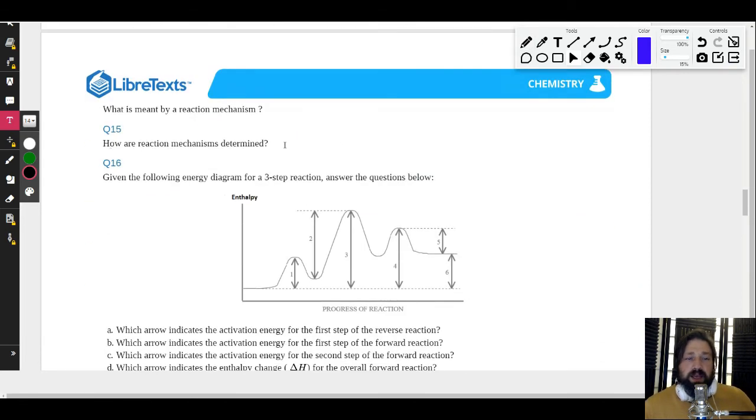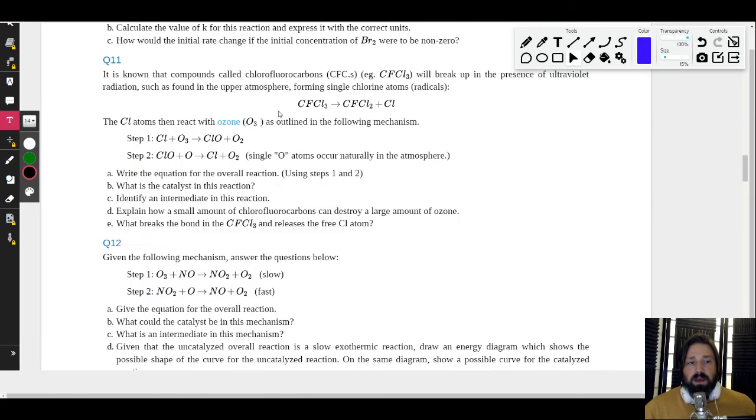How are reaction mechanisms determined? Reaction mechanisms are determined by first discovering the rate law. So if I go through here, and let's assume that this one is the slow step and this is the fast step, I can go through and find the rate law of O3 plus O goes to 2O2.